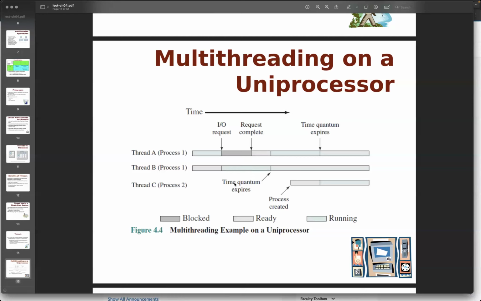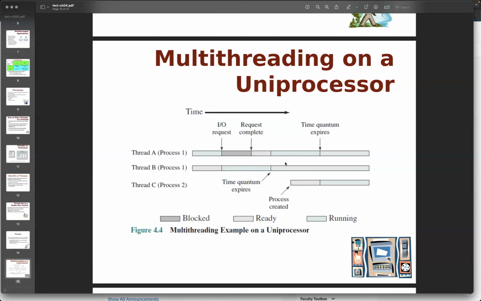You see this time quantum for scheduling; we always set the time for all the processes, so they have a limited time. When they finish, I put it back. Then we create thread C for process 2.